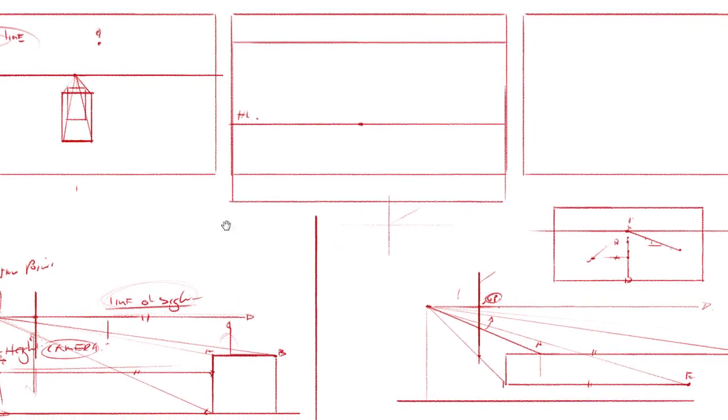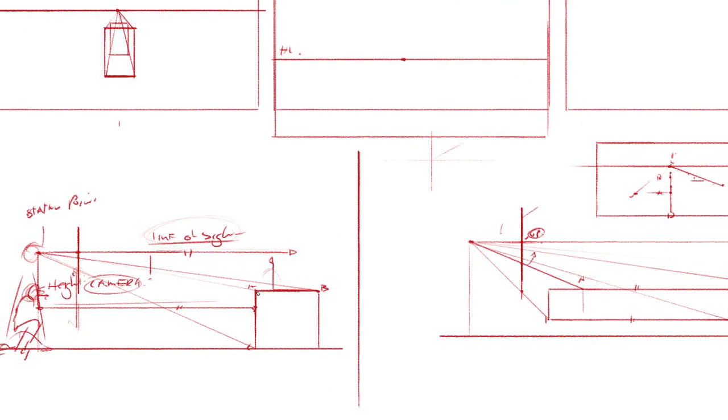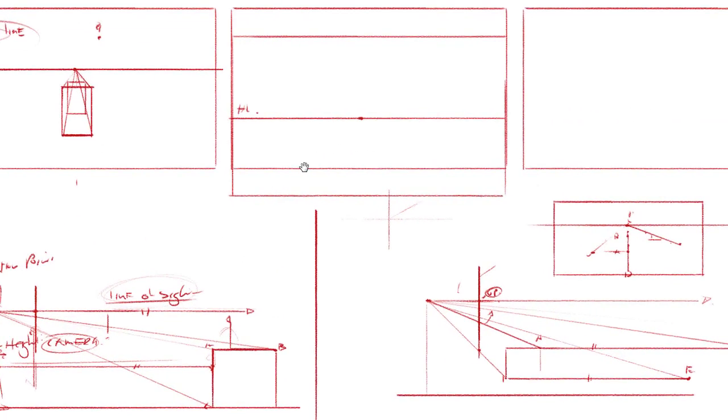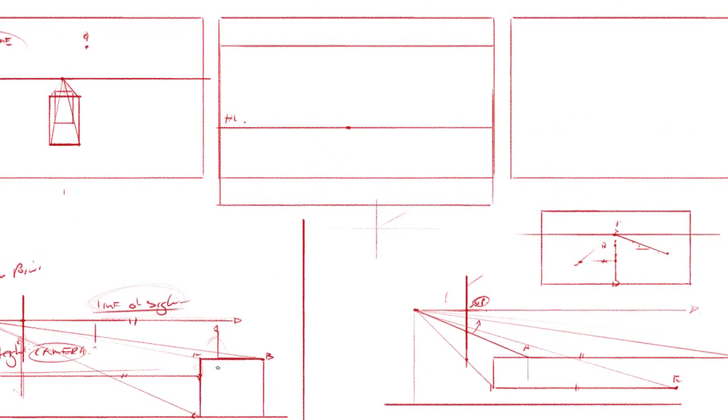So I'm just going to extend this a little bit down so that I can get the line of sight to hit the object around about in that area. So this is the horizon line, so I'm just going to add this section to the top and then add in the rest of my image.